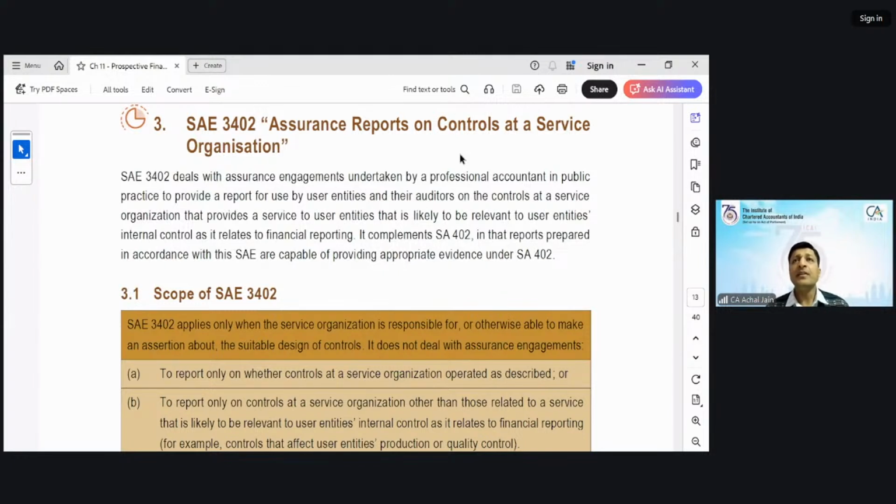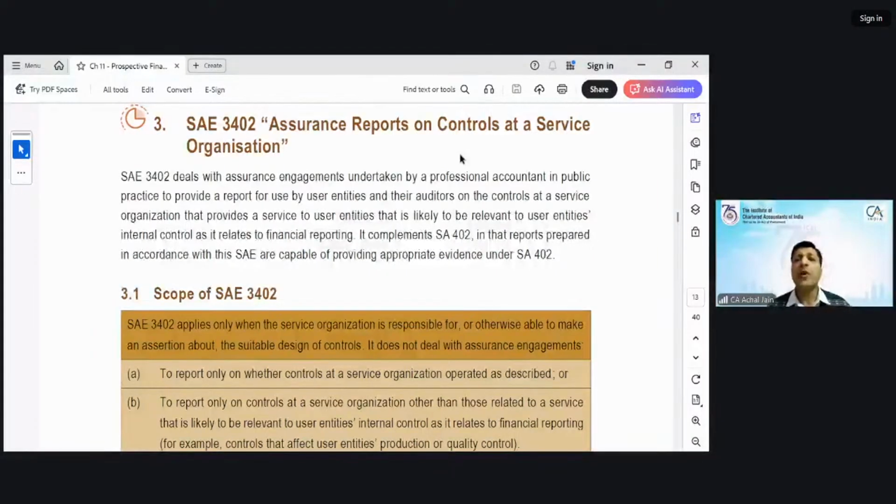Eventually, it comes to the financial reporting of the user entity. What would the auditor of the user entity want to look at? Controls, to begin with. And some part of that user entity is in a way outsourced to this service entity. So if the controls of the service entity as regards the payroll are good, that will help the auditor of the user entity as well. Yes or no? That's how it's going to help.